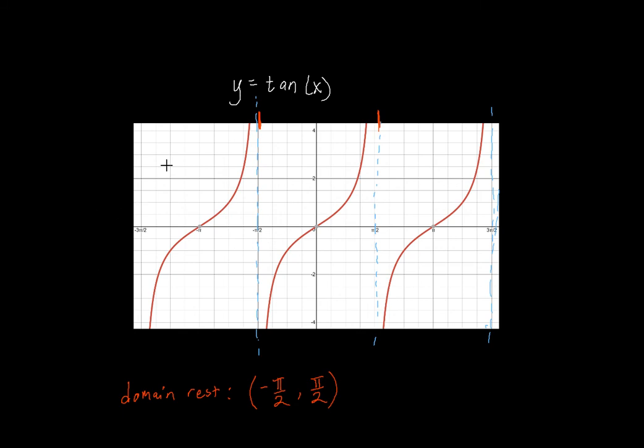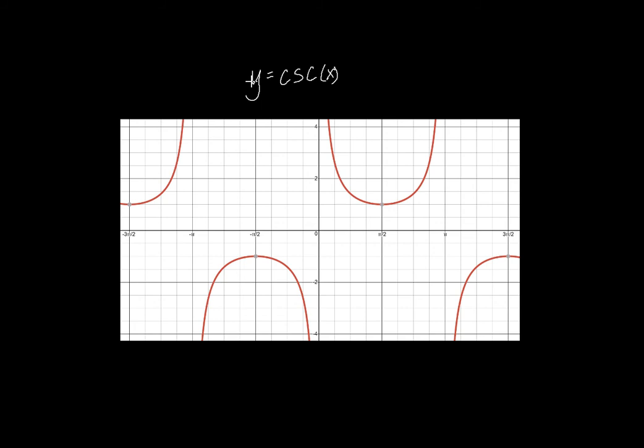And that's all wonderful, but what about the reciprocals? Well, cosecant again looks a little bit weird, but we've got those asymptotes again, except this time we've got them at negative pi, at 0, and at pi.